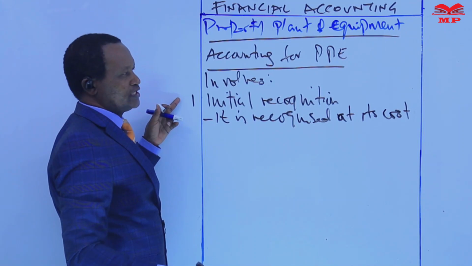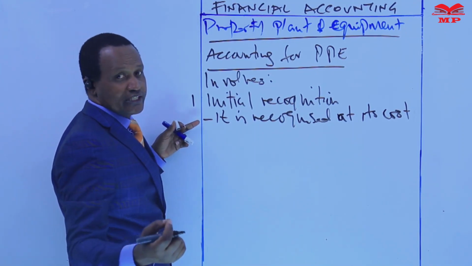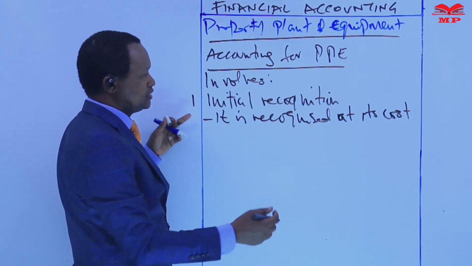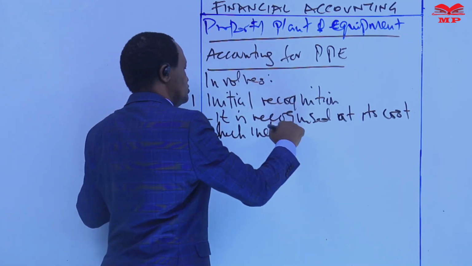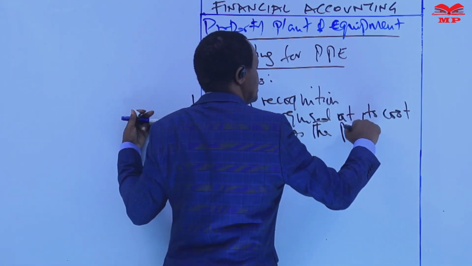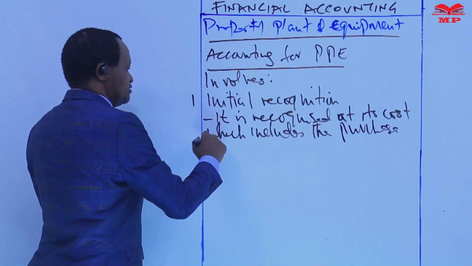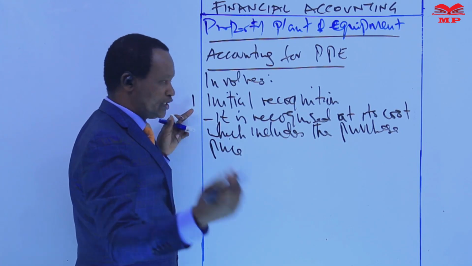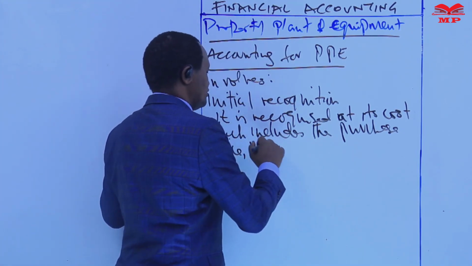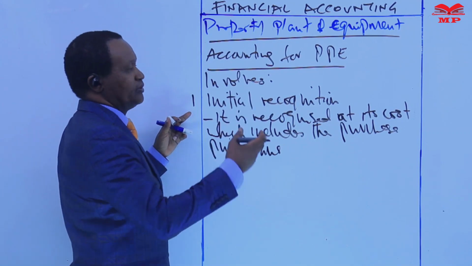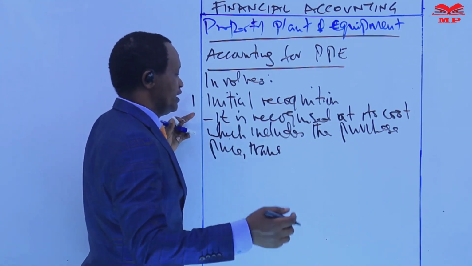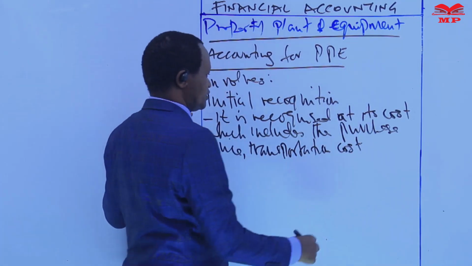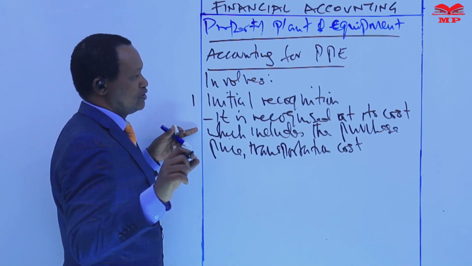If you buy land worth 10 million, that's the initial cost of the land, which includes the purchase price, that is the price of the land, and the transportation cost. If you are buying, for example, a motor vehicle from Basa or from wherever, you may incur some transportation cost. So that transportation cost becomes part of the cost of the PPE.